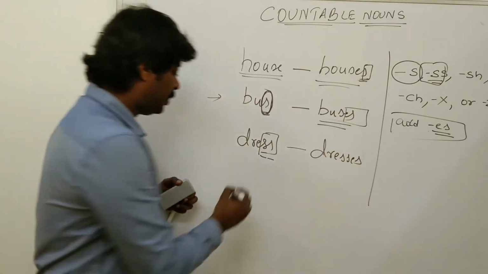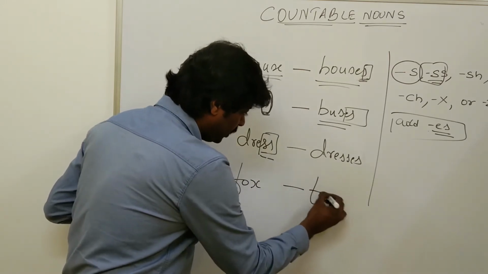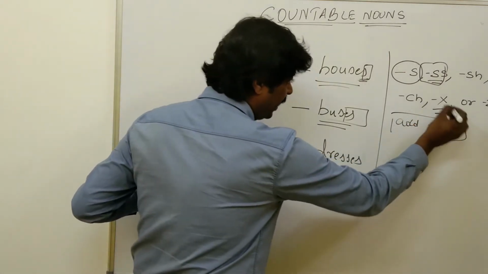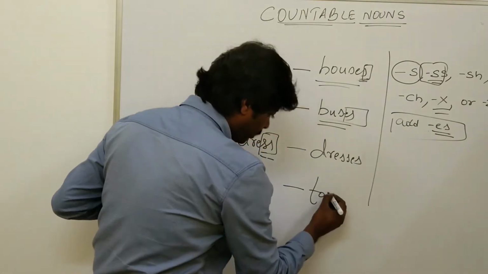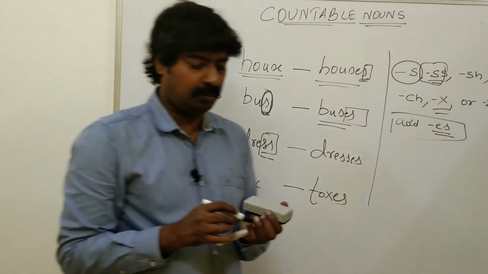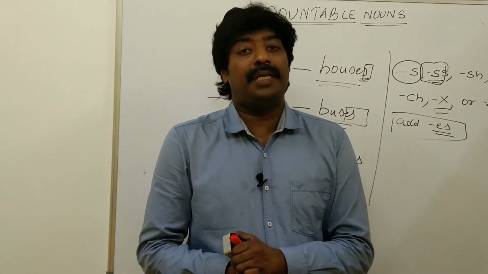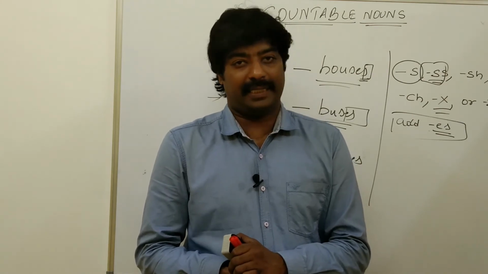Now fox. It is ending with x. So we need to add es. Foxes, and so on. So remember, usually when we have more than one countable noun, we need to add s or es.